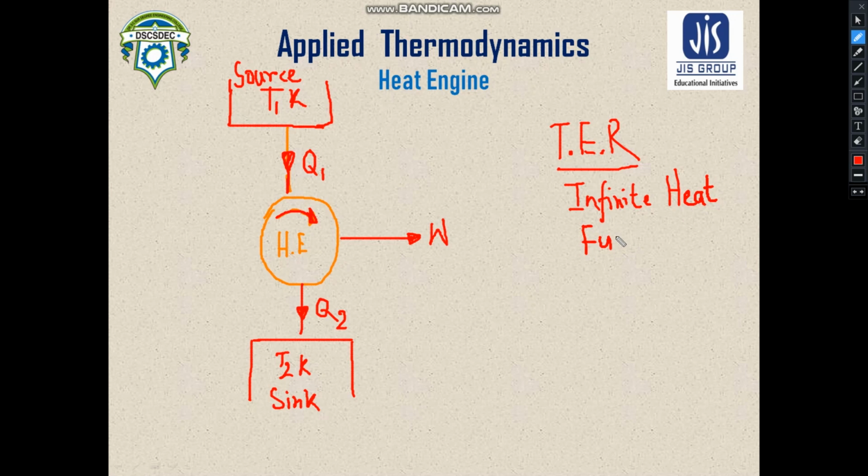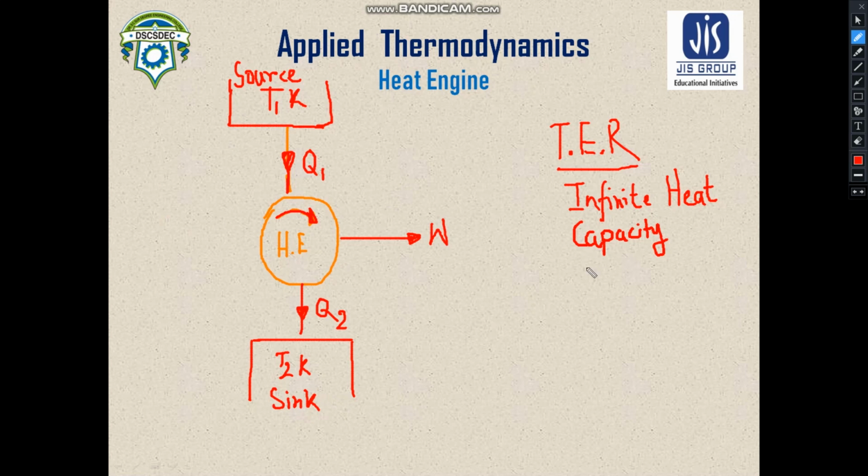Boilers can be taken as examples of sources or high temperature reservoirs from which heat is supplied to the engines to perform some work, and after that the temperature remains constant. So there is no change in the temperature.